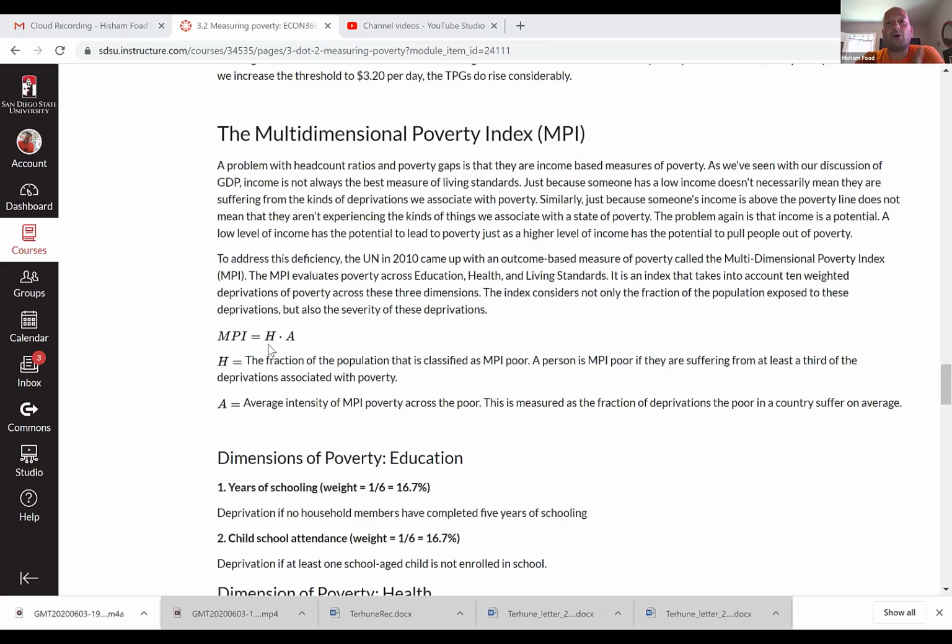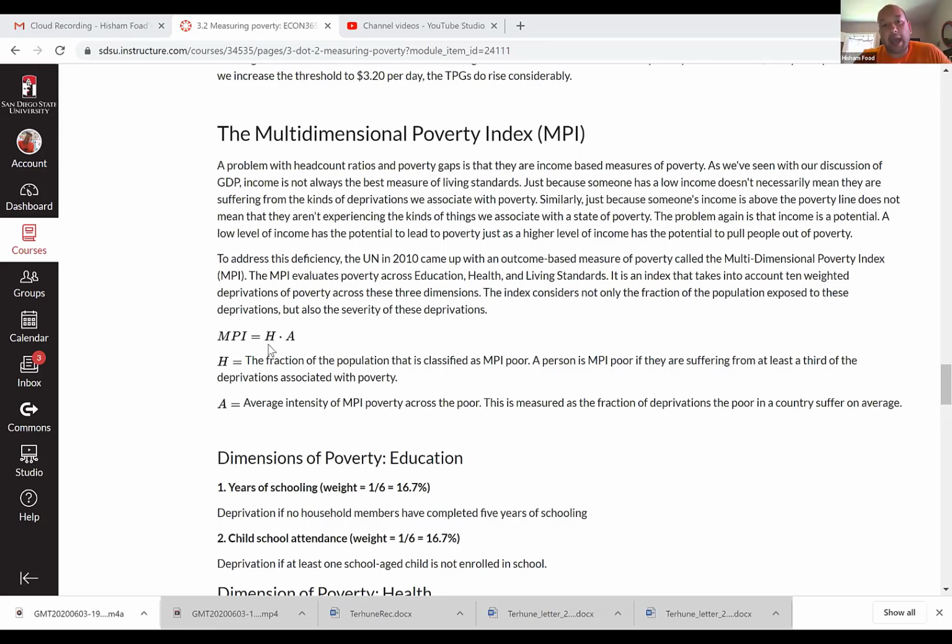And then it also looks at the intensity of poverty. This is sort of their analog to the total poverty gap. The intensity of poverty is basically what fraction of these deprivations you are actually suffering from. So the first just says how many people are in a state of MPI poverty. The second looks at how bad MPI poverty is for these people.